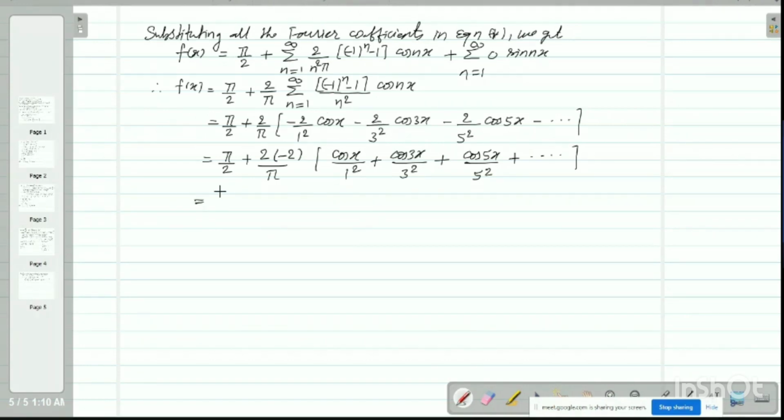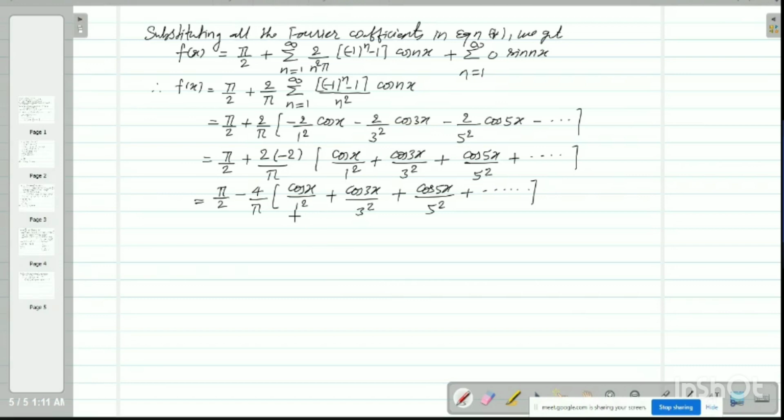So this is equal to pi by 2 minus, sorry, this is multiplication, so this becomes minus 2 into 2, that is minus 4 by pi, times cos x upon 1 square plus cos 3x upon 3 square plus cos 5x upon 5 square and so on.